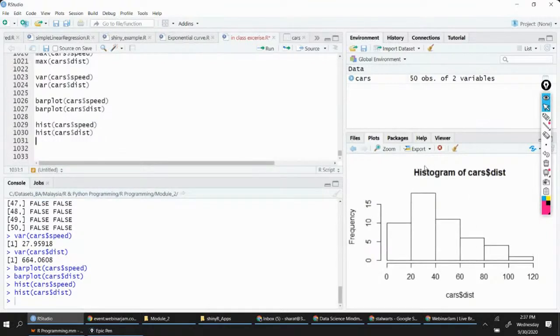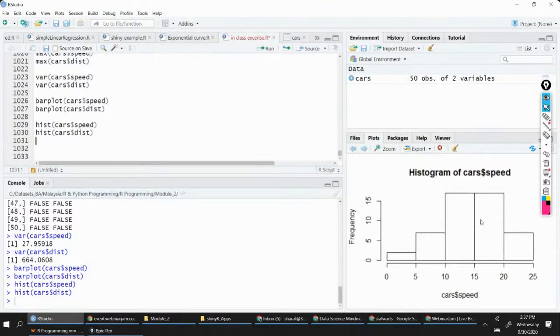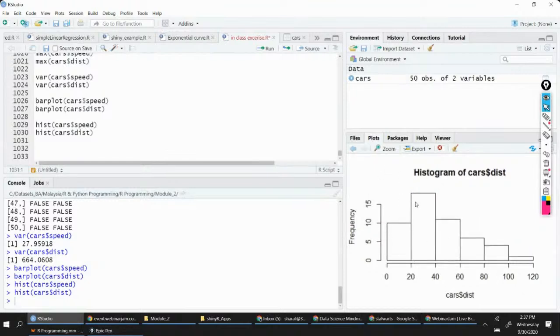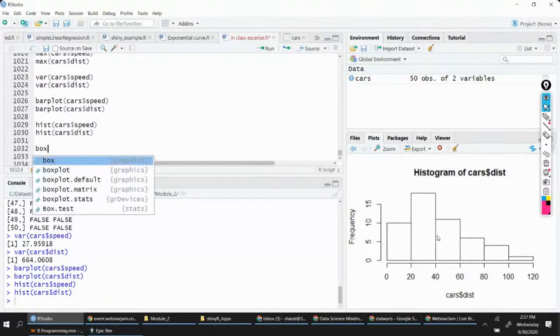That's the histogram, right? And we can see that the histogram of distance is a little different from the histogram of speed. It looks more like a bell-shaped curve, but here I see skewed data, right? So visualization is giving us better details. We'll also check box plot.